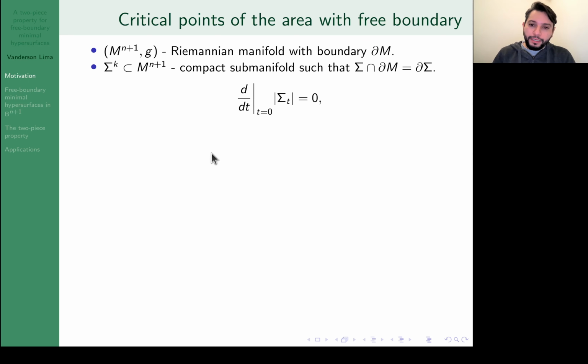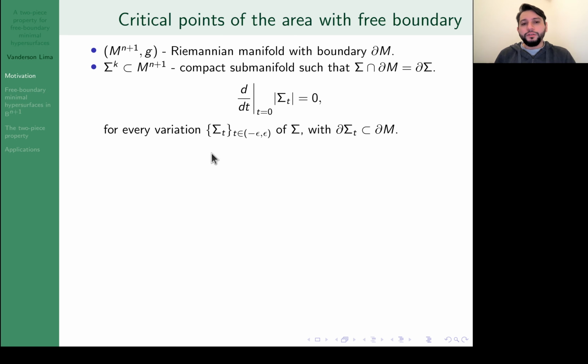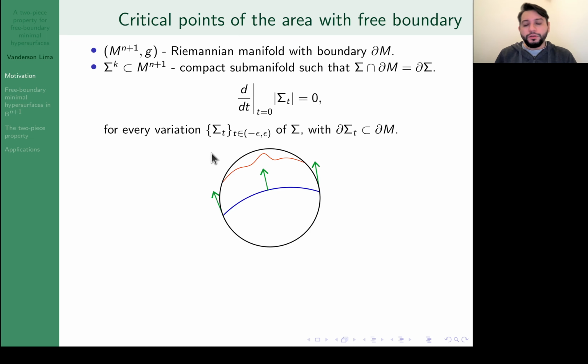So in my case, I will consider only variations of the submanifold such that the boundaries of the submanifolds in the variation are also inside the boundary of the ambient space. So a picture will be something like that. Here M is the ball, the boundary is the circle.